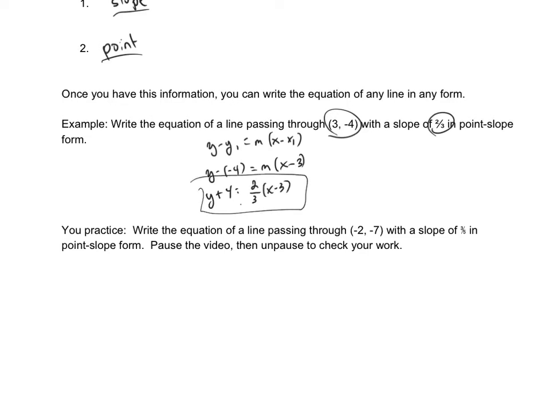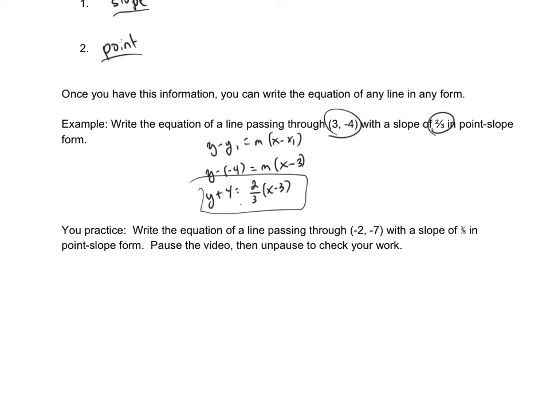Now, the x and the y that are left here, you could take any point that's on the line and plug it in for x and y, and it would make that a true equation. Now, you practice the next one. I've given you a point, I've given you a slope. You pause the video, write the equation, and then you can unpause it to check your work.